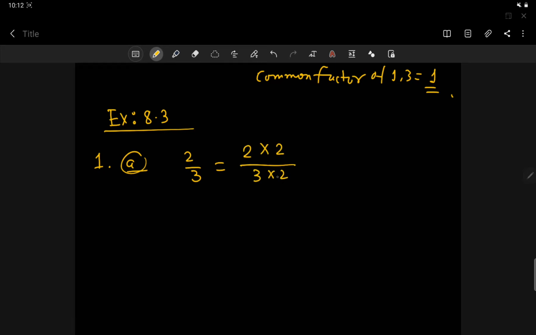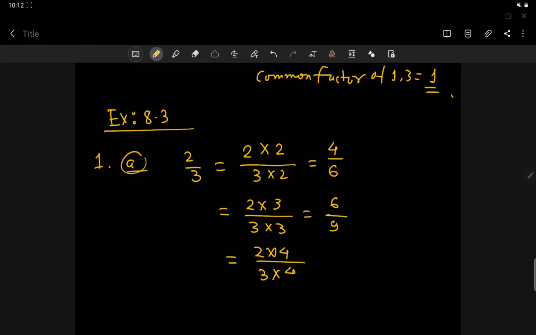At first you multiply by a non-zero number, that is 2, and you will get 4 by 6. Then multiply by 3, you get 6 by 9, then you will get 8 by 12. So they are all equivalent fractions of 2 by 3.